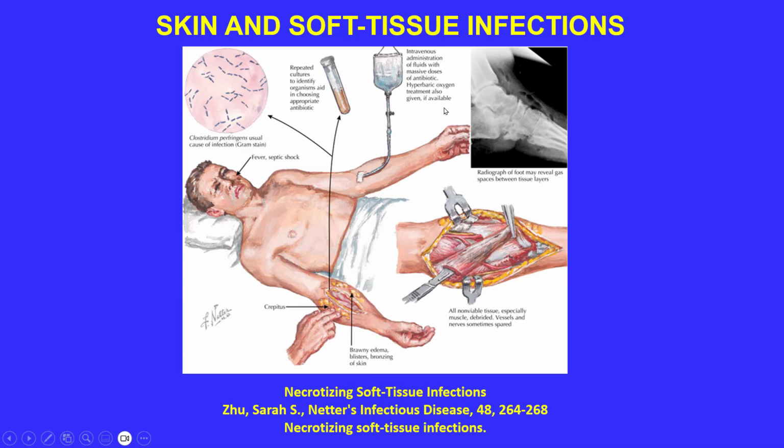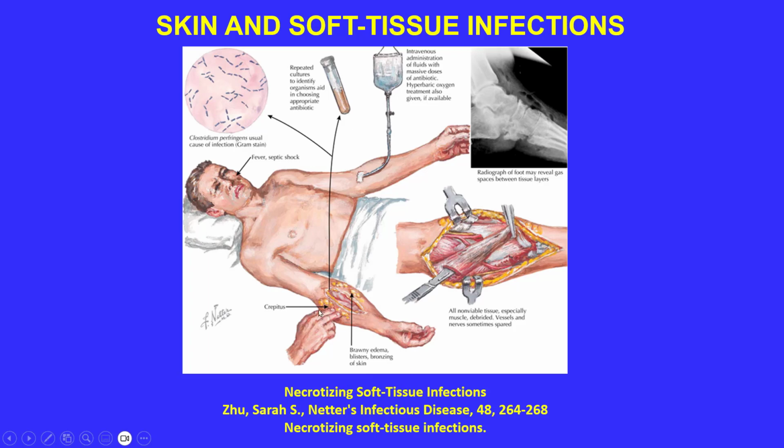They're given intravenous fluid, massive doses of antibiotic. And in some cases, because these organisms get in the tissue, they might have to resort to hyperbaric oxygen treatment. So basically, the higher pressure will, in essence, force oxygen into areas that will allow the oxygen to effectively kill off some of these organisms.